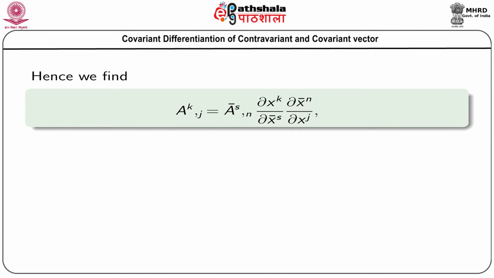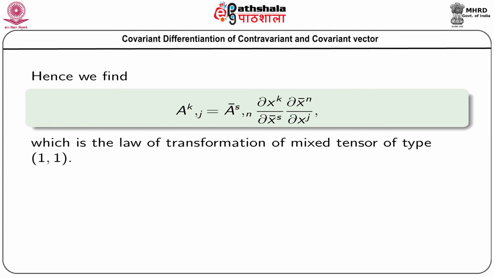Now, if we write the left hand side expression as a^k_,j, then the right hand side can be written as ā^s_,n ∂x^k/∂x̄^s ∂x̄^n/∂x^j, which is the law of transformation of a mixed tensor of type (1,1).